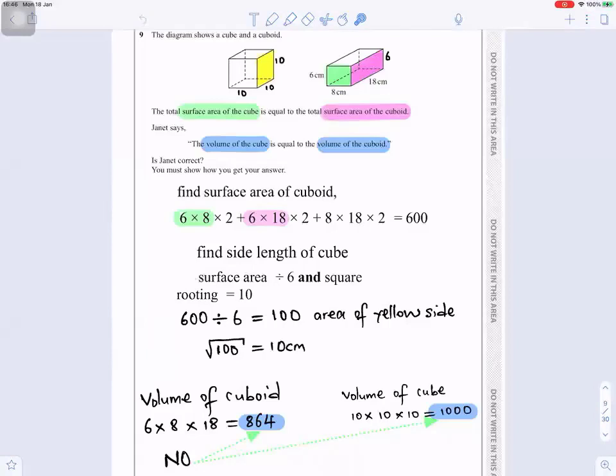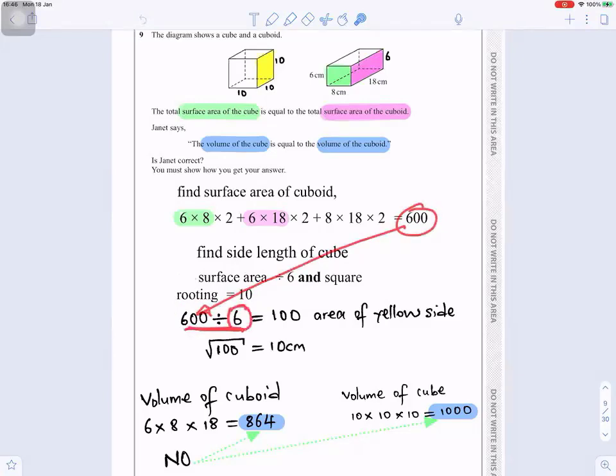Next, we want to find the side length of the cube. To find the side length of the cube, we take the surface area divided by 6, and then we find the square root. Because there are 6 sides of the cube, and they have the same surface area of 600, we divide by 6.